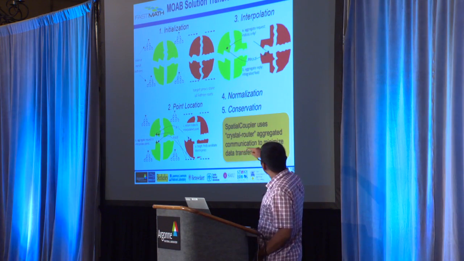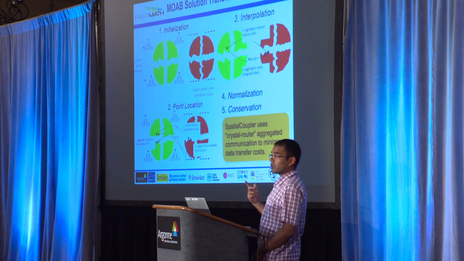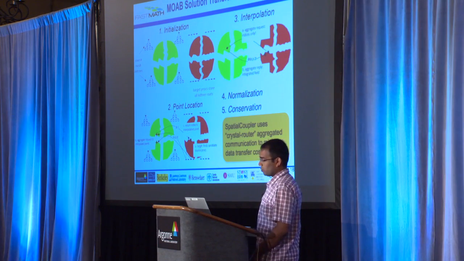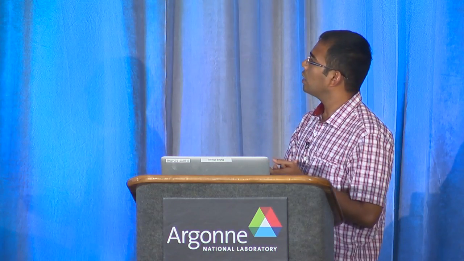And all of this data is aggregated through the crystal router data structure, which minimizes the communication by aggregating several requests and sending it to a particular processor. And once this request is received, you can do a local computation and find out the index of the element that contains a particular point in the source mesh. So this is sort of like a setup phase.